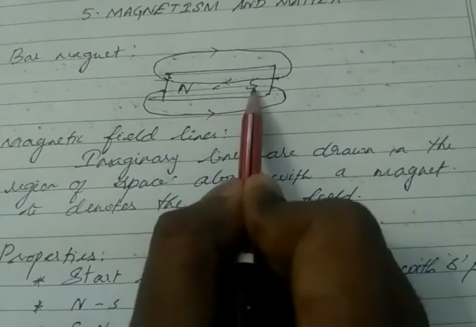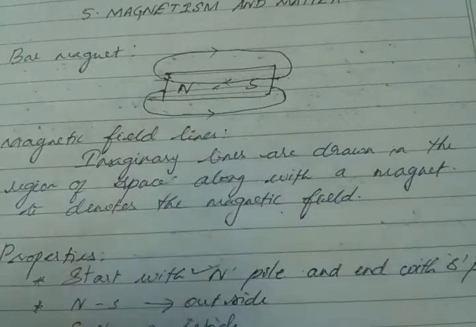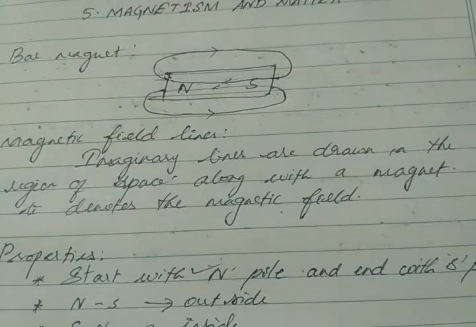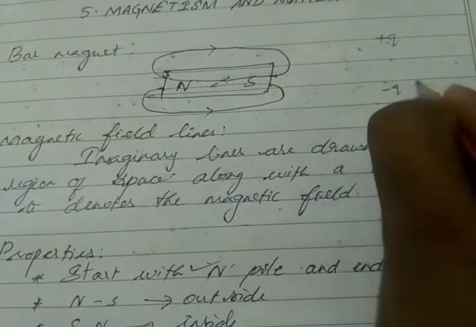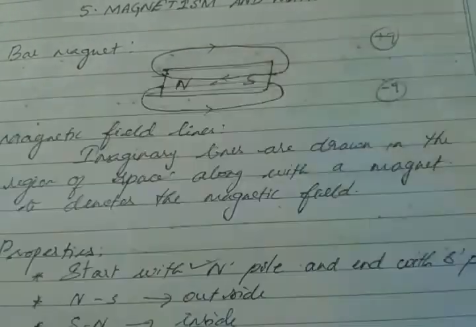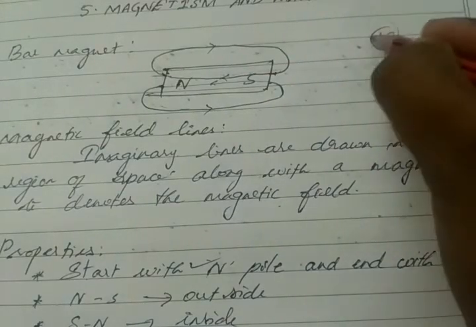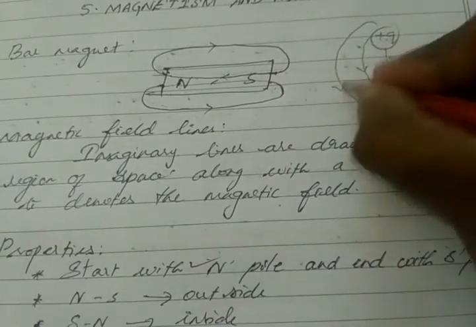Inside, the magnetic field lines start at the south pole and end at the north pole. Clear? So if we take electric field lines, we have positive charge and negative charge. Electric field lines start at the positive charge and end at the negative charge, right? So we have field lines like this.